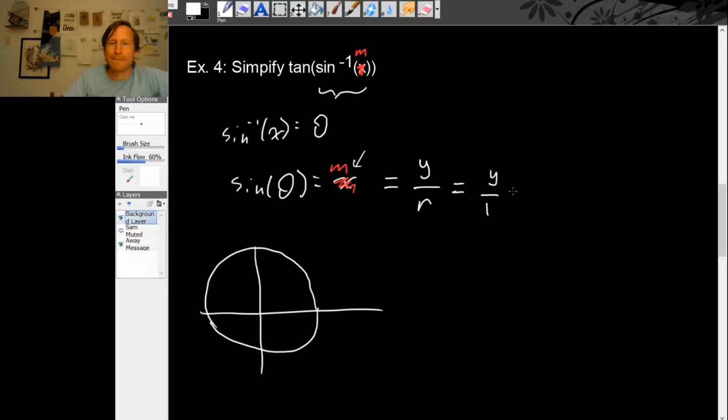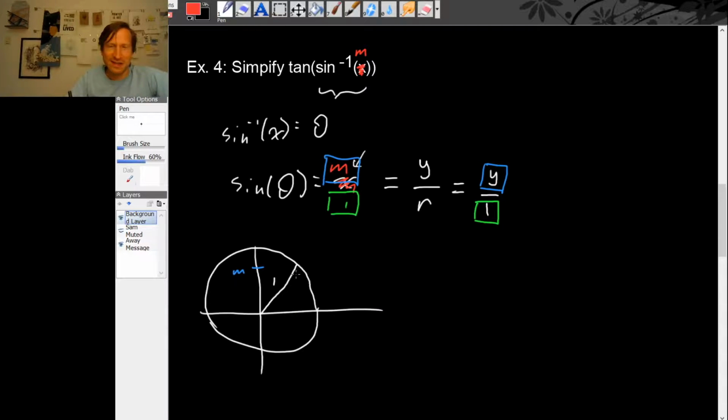And our y coordinate, so the numerator over here is y, that should be equal to the numerator over here, which is just m. So we have some height m, and the radius over here is 1, and that should be the denominator over here. So that's why it makes sense to choose 1 for the radius.